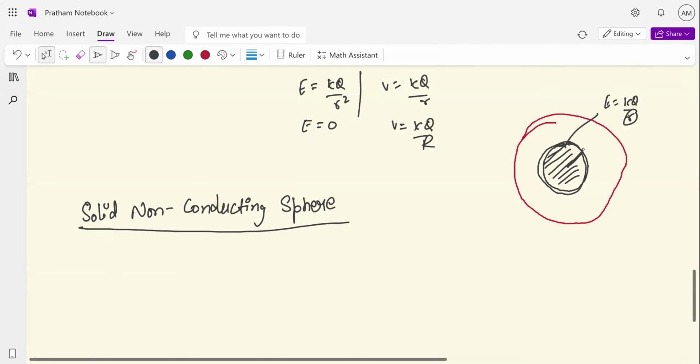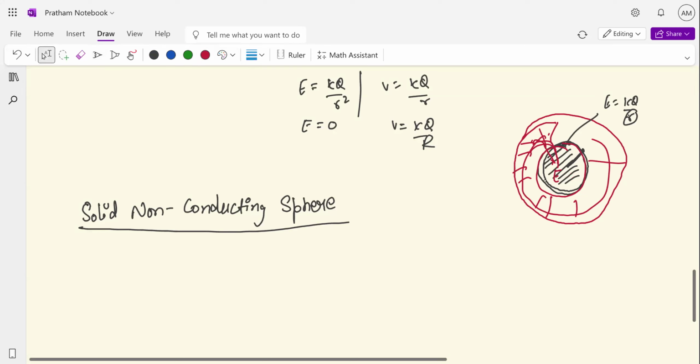And due to this outer portion, there is no effect inside on the electric field, right?